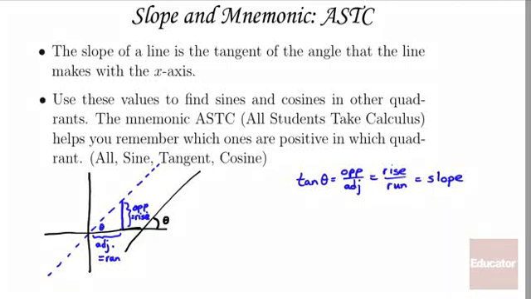Another thing that you want to remember about sines and cosines is that once you know the common values of tangent and cotangent, if you remember which quadrants the sine and cosine are positive and negative, you can figure out which quadrants the tangent and cotangent are positive and negative. So let me label the quadrants here, 1, 2, 3, and 4.